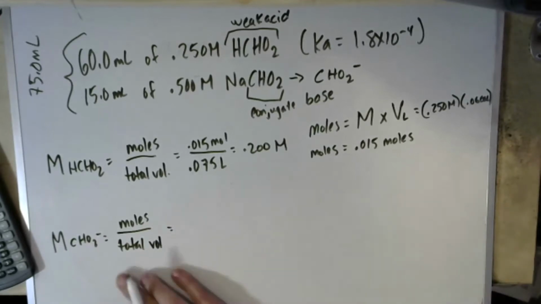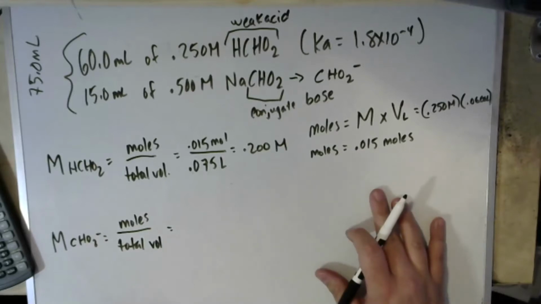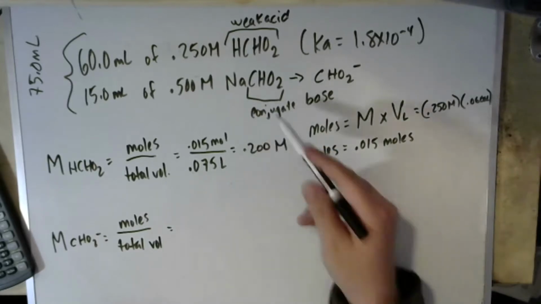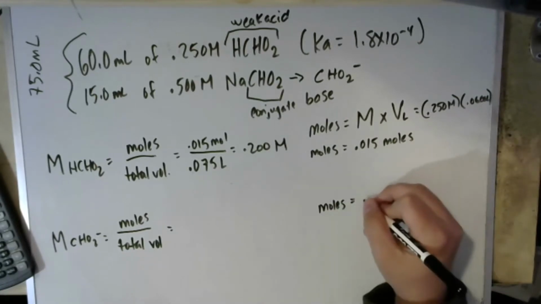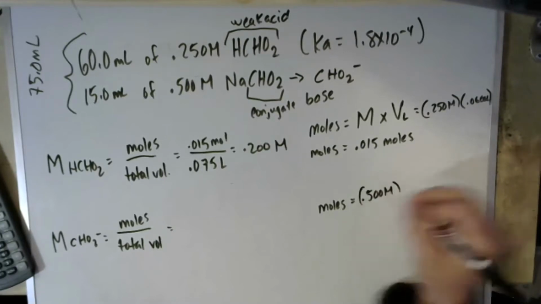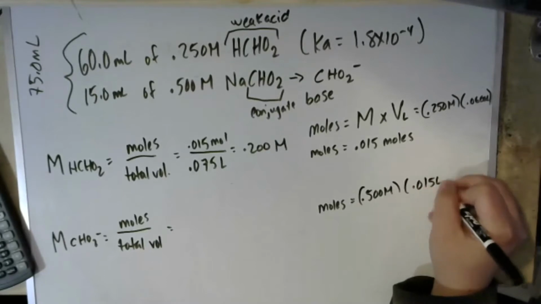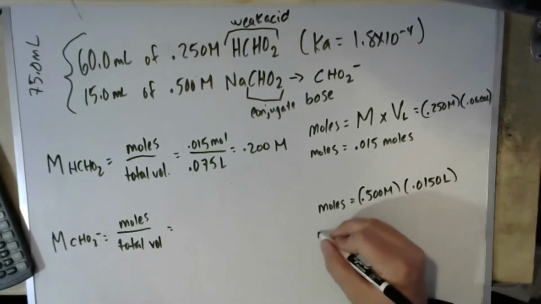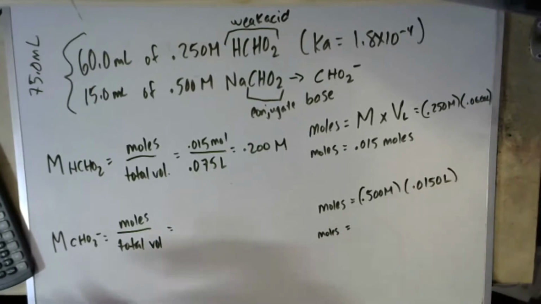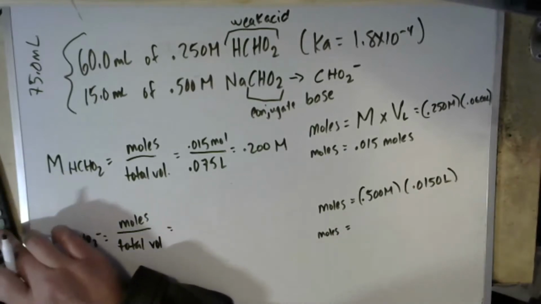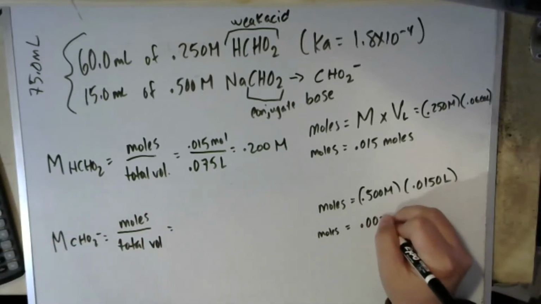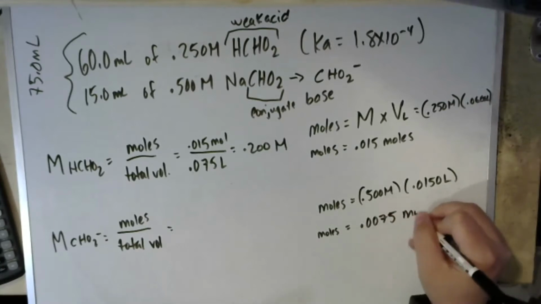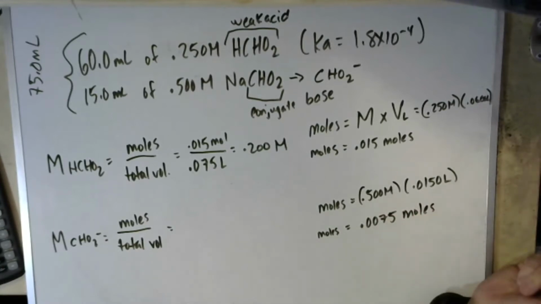Okay, so I'm going to set up my formula and calculate the moles of the salt that I added in here. So I'm going to do my molarity times my volume. So I have 0.0075 moles of my conjugate base.